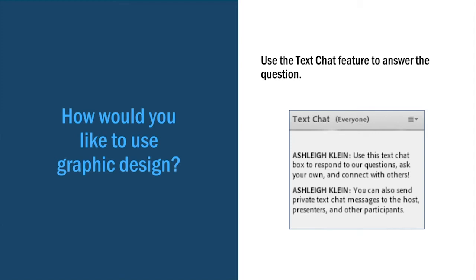So hopefully, at the end of this, you'll also have more knowledge to take to your organization to say, okay, here's what I'd like to do, and here's what I need, and here's how I can help with it.